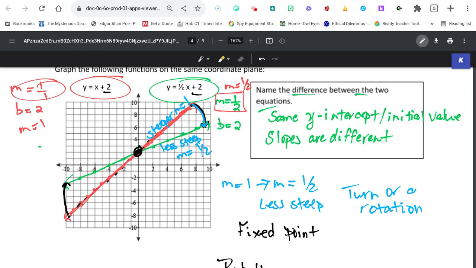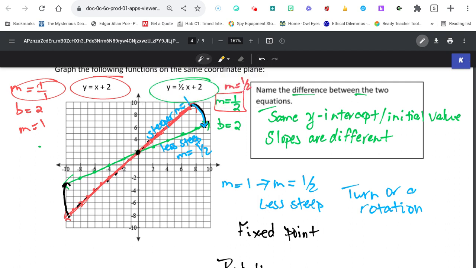y-intercept, 0, 2. It's almost like if you take one of those thumbtacks that I put papers up with on the bulletin board, and pretend that's the thumbtack right there, and you rotate that red line down or push it down, it's still going to rotate about the point where the thumbtack is.